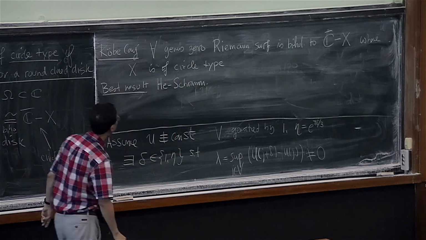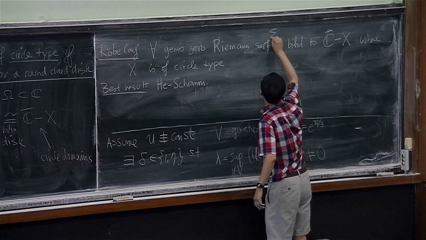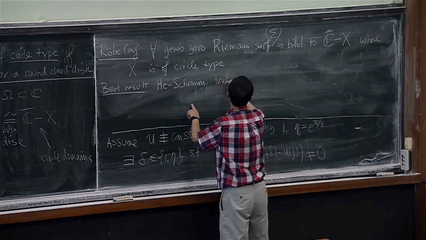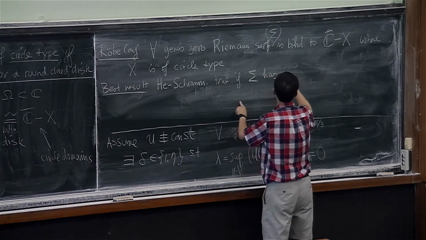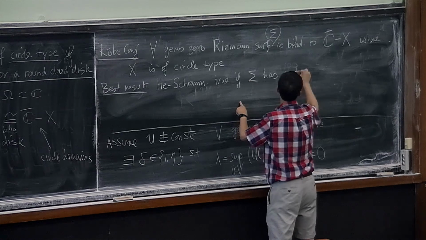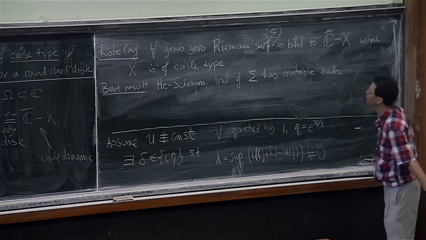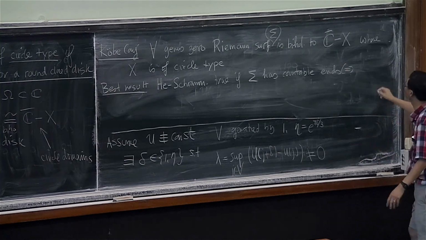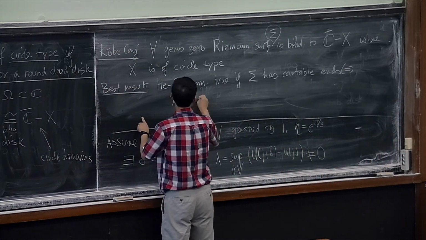The statement is that it's true if sigma has countably many ends. This is the same thing as X having countably many connected components.